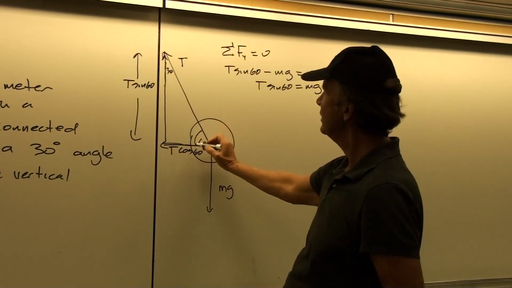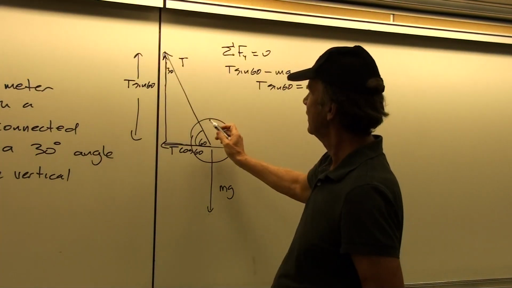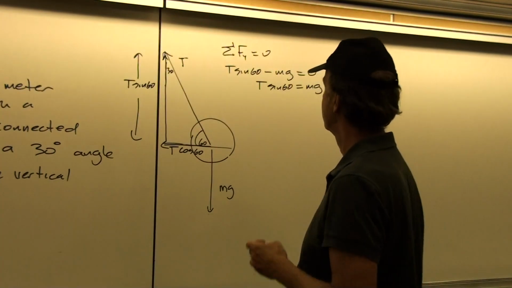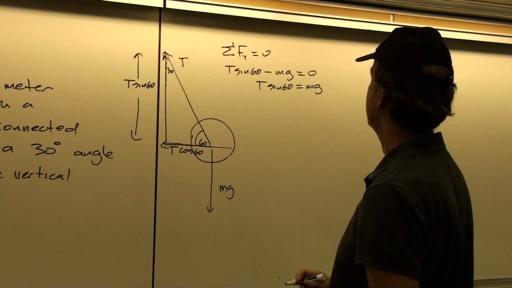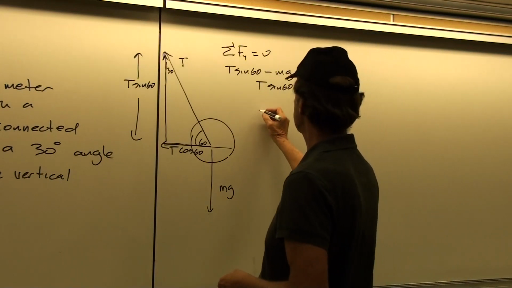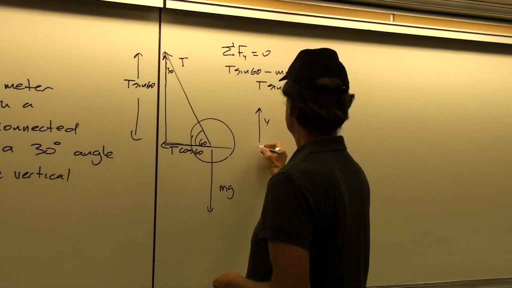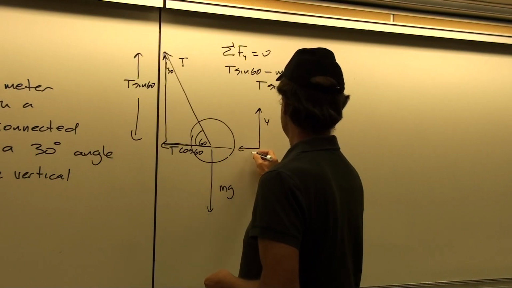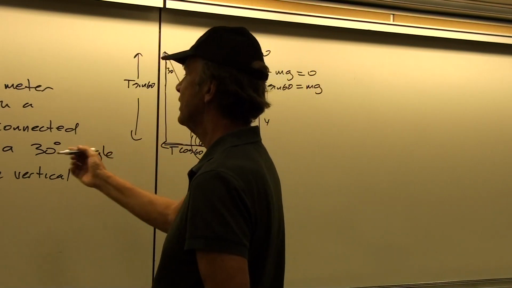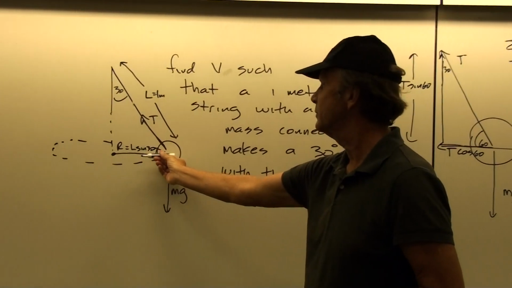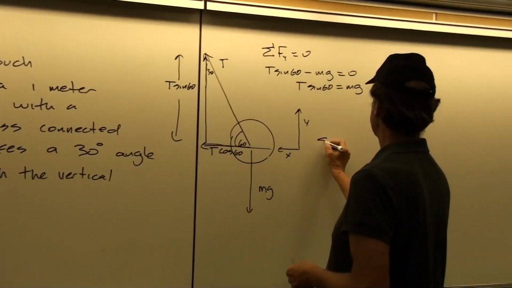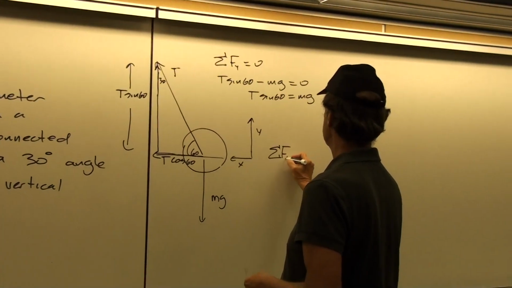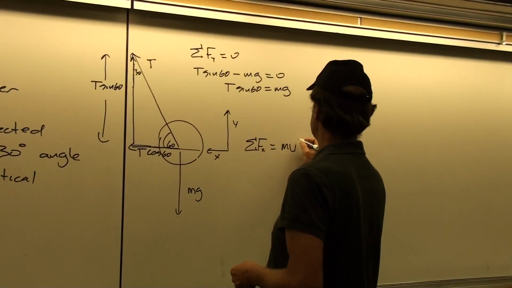Notice I'm measuring from the horizontal here rather than from the vertical angle. Okay. But in the x direction, so we've got a y direction here, but we've also got an x direction. And that x direction is positive inward toward the center of spin. Okay, and so we can then say the sum of the x forces, just like we've done in the previous problems, is mv squared over r.